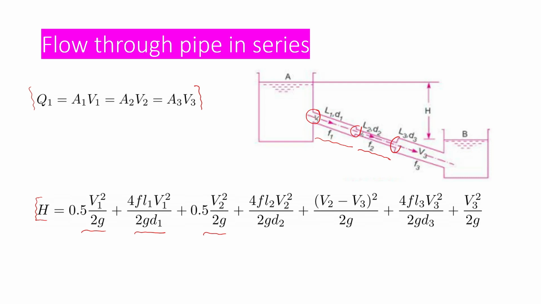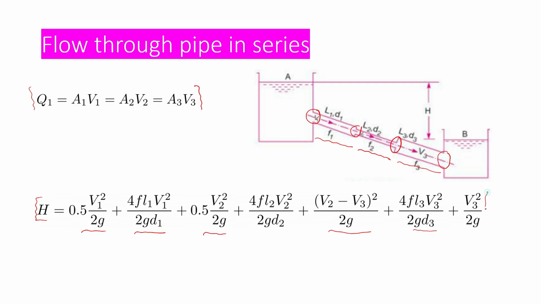And then we have a sudden enlargement loss, that is a minor head loss, that is V2 minus V3 the whole square by 2g, plus again a head loss due to friction, that is 4FL3 V3 square by 2gD3, plus it enters a tank.